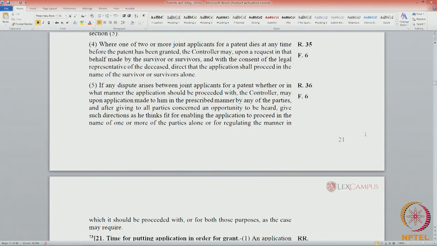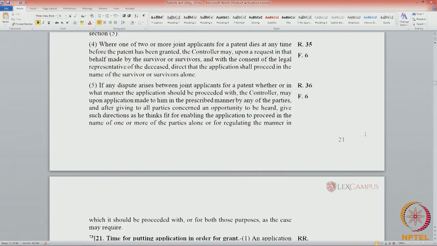If you see, Form 6 refers to all the sections on top. Section 25 is mentioned there. So, you will use Form 6 and intimate the controller to say that there is a dispute between the joint applicants. So, the controller will hear the parties, give them a hearing.